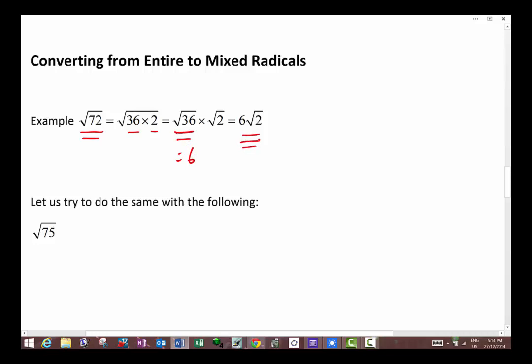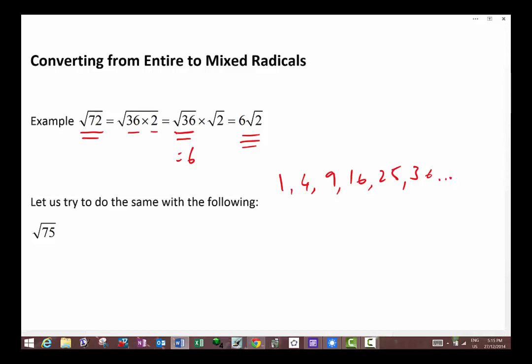So the process really is to try to find the largest square number which is a proper factor of the number. So all the time we need to think about the square numbers, which are 1, 4, 9, 16, 25, 36, and so on. And thinking about those numbers, what is the biggest square factor of 75?